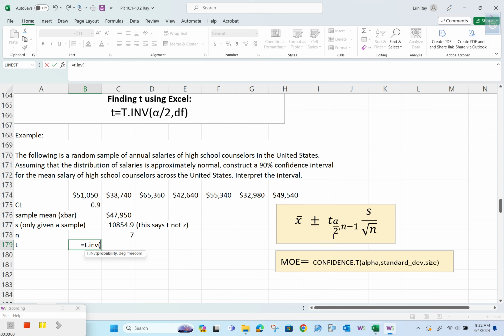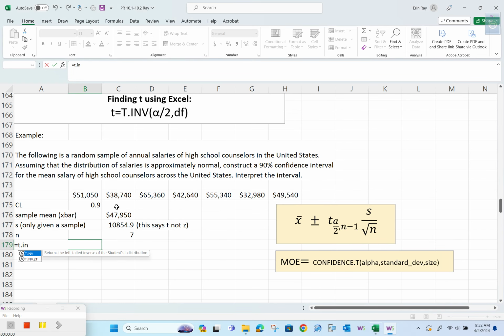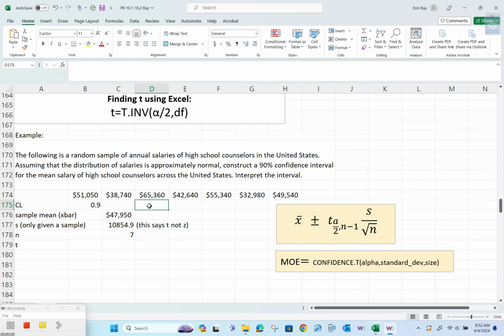So the first thing, the probability, is your alpha over 2. And recall from last time, that corresponds to your confidence level. My confidence level was 0.9. So then alpha over 2 would be the leftovers, 0.1 over 2, so 0.05.